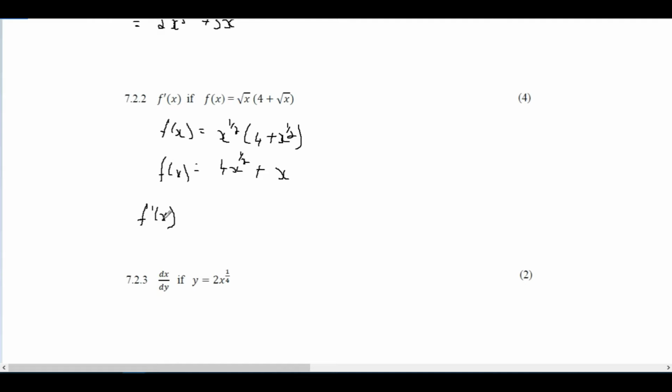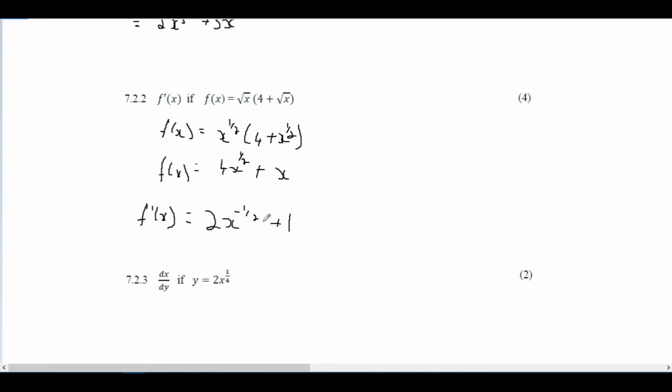Excuse the bad handwriting, as always. So this becomes, we're doing the same power rule, 4 over 2, which is just 2x, and then we subtract 1, so we're left with minus half, and then we do the same rule, 1 multiplied by 1 is just 1, and 1 minus 1 is 0, anything to the power 0 is just 1, so we're left with plus 1.